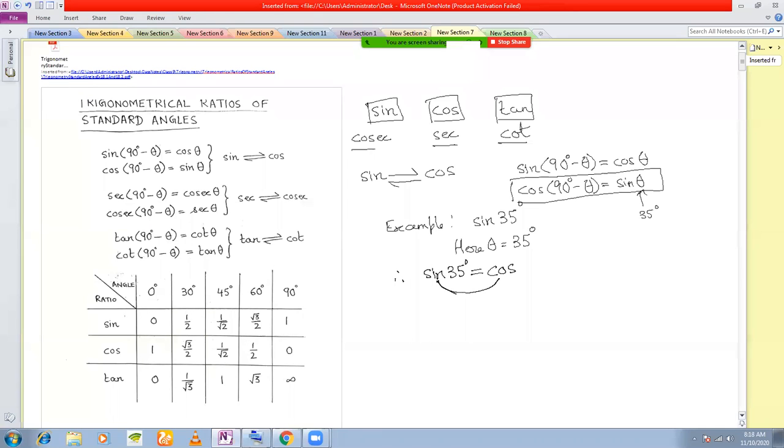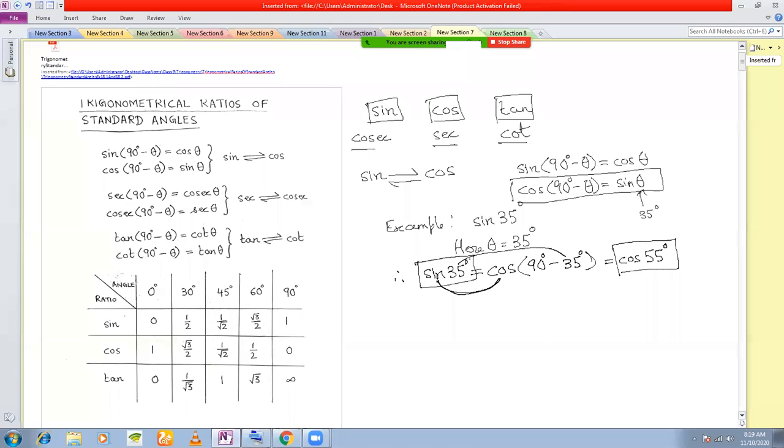Remember, this sine will transform to cos, and inside the brackets, after writing cos, we write 90 degree minus this angle here, 35 degree. This is a very important rule. Please remember this. Now you can subtract: 90 minus 35 is what? How much? 55, right? So you see that sine 35 has the same value as cos 55.